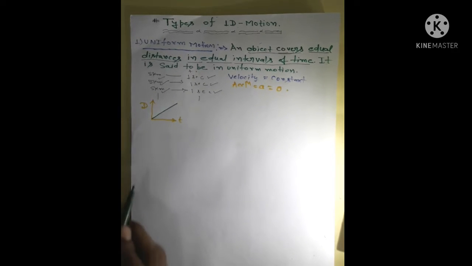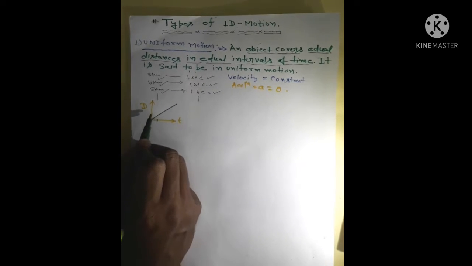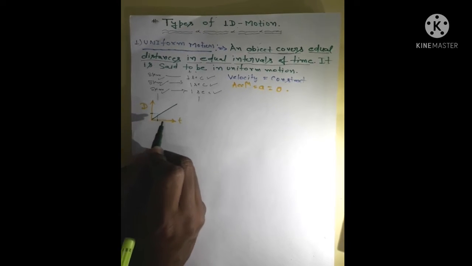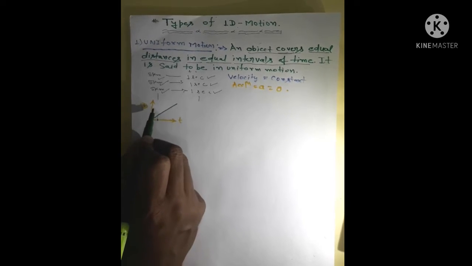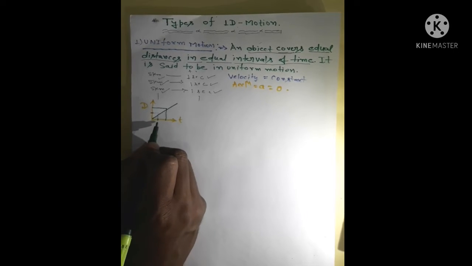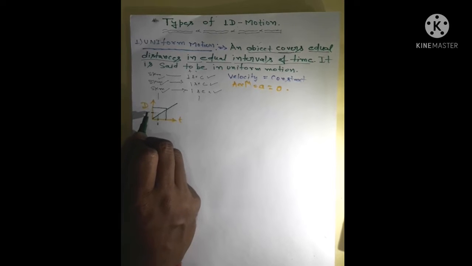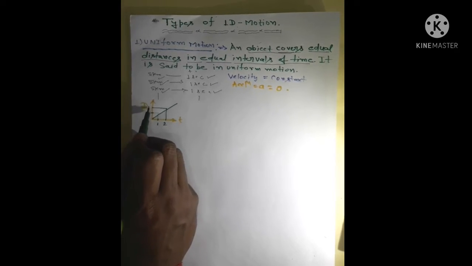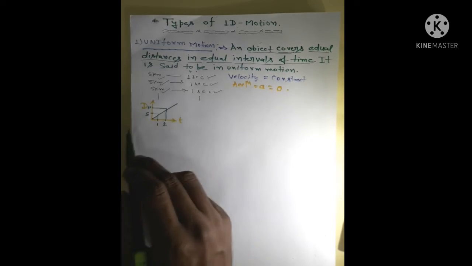It means that every interval the same distance is traveled. Suppose at 1 second it is 5 and at 2 seconds it is 10, so the graph is a straight line.